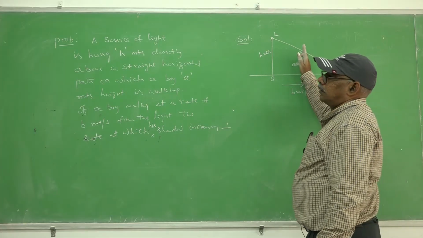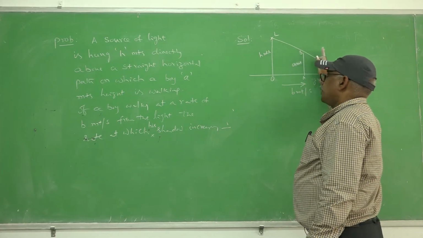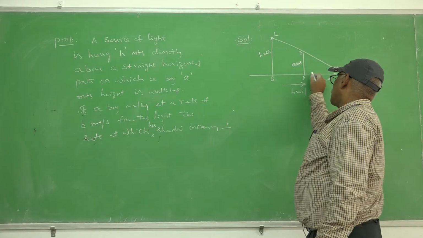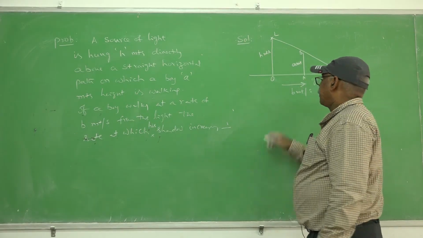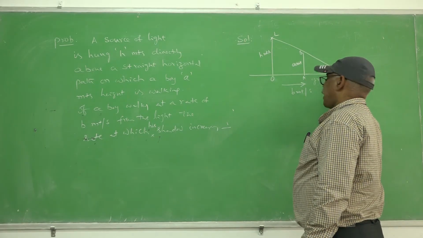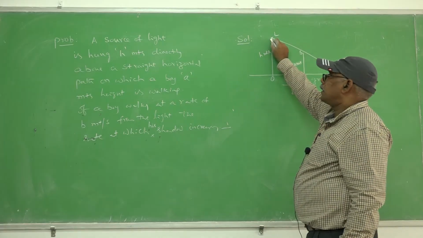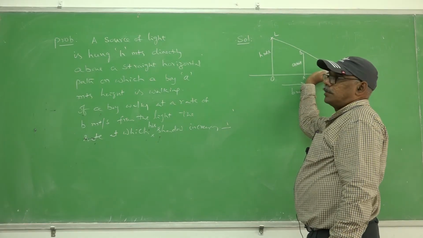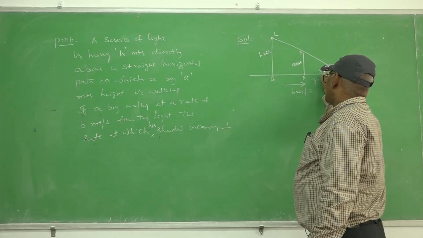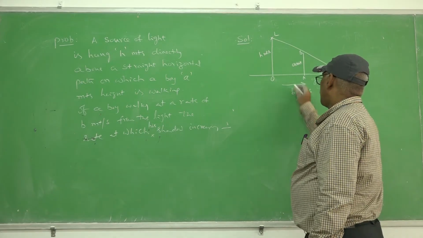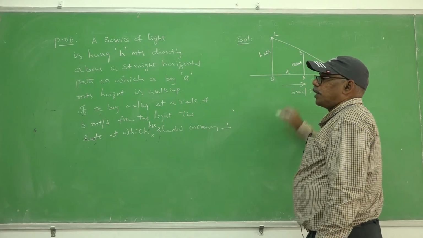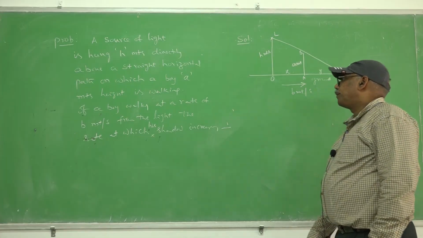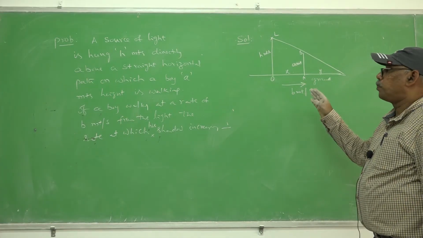Naturally, the boy is moving away from the lamp post, and his shadow falls on the ground in front of him. This is the shadow. Let us consider this to be y, and the distance covered by the boy from the lamp post to be x.